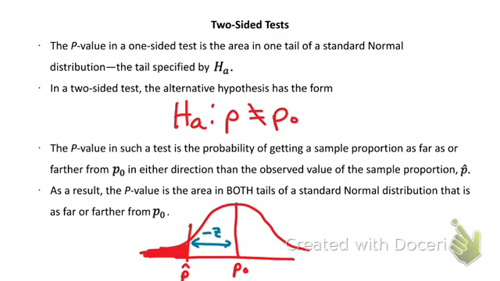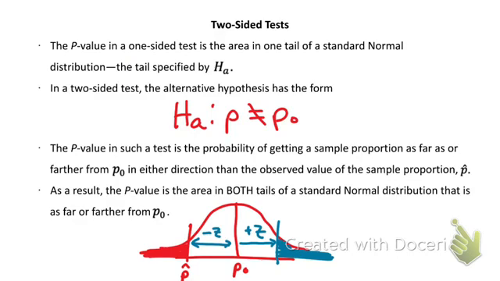I got this particular sample, but I would have been just as happy to get the complementary side and included that as evidence. So I go the other direction in the positive Z, and that is obviously going to be the same exact area. This upper area is going to be the same as this area, because I would have been just as happy to get my sample on that side of the claimed value. So that's how these two-sided tests go.